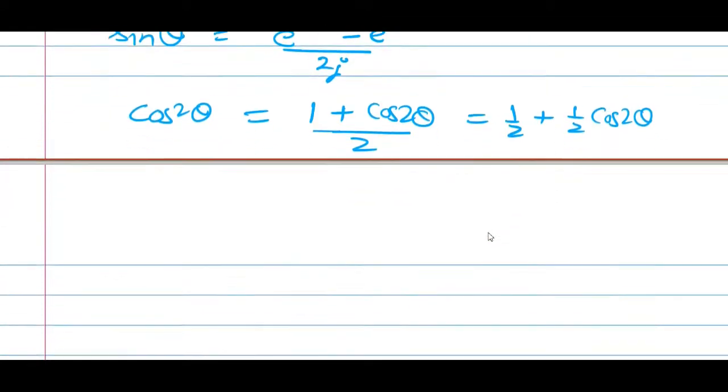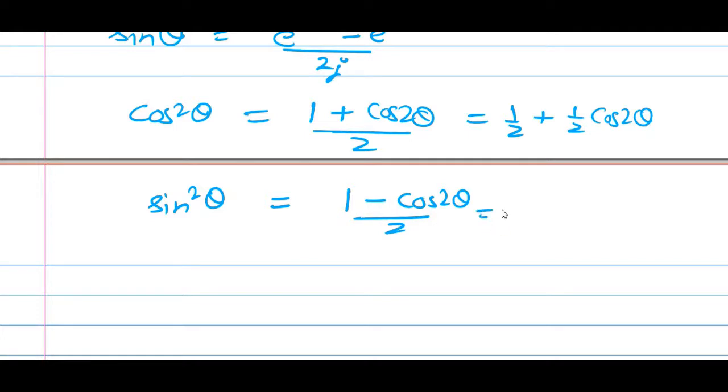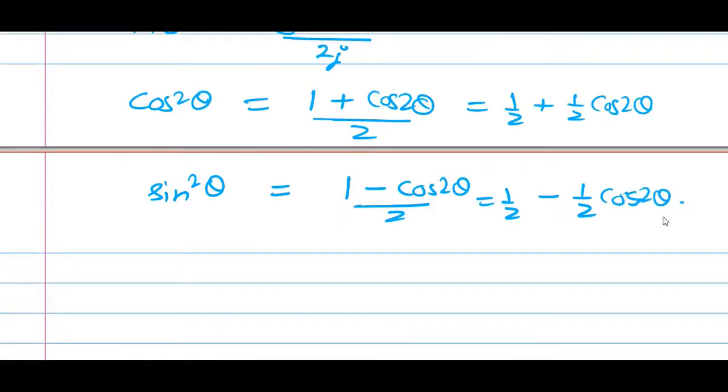Sin square theta is 1 minus cos 2 theta upon 2, that is 1 by 2 minus 1 by 2 cos 2 theta. These basics are also important.